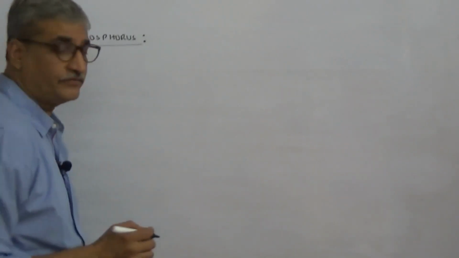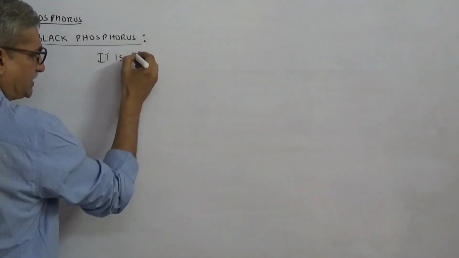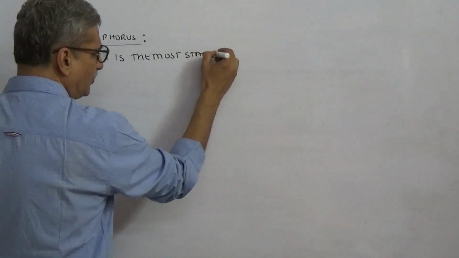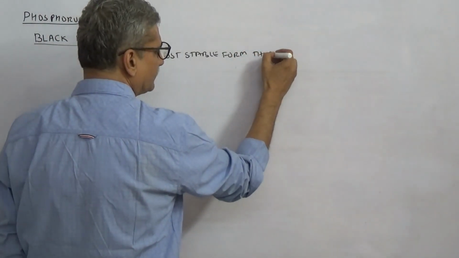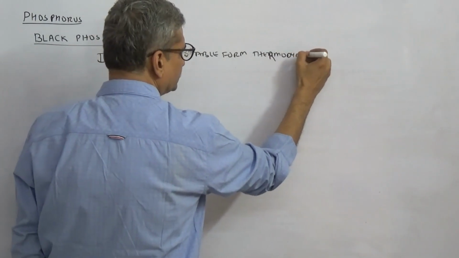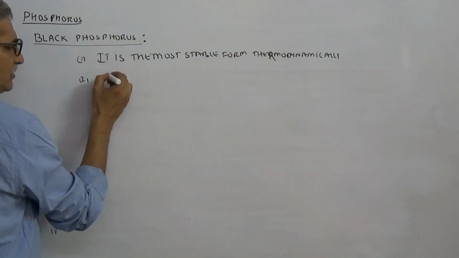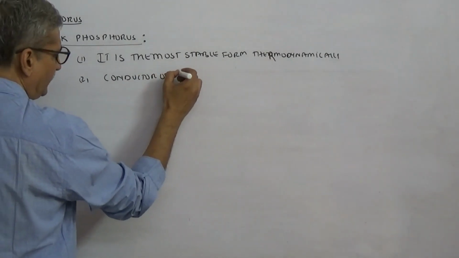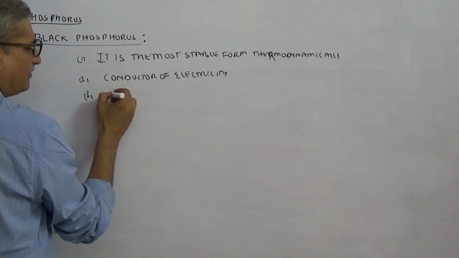The most important point from the examination point of view is that it is the most thermodynamically stable form. The second point is that it's a conductor of electricity. Unlike yellow and red phosphorus, it is a conductor of electricity. It is macromolecular in nature.